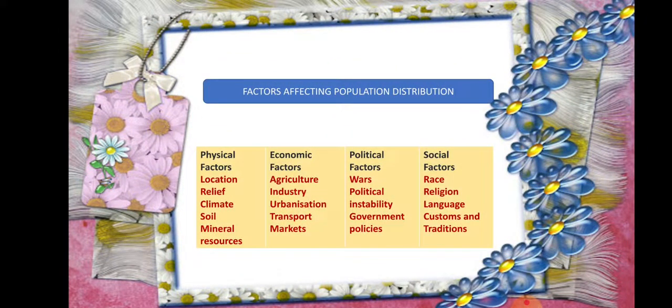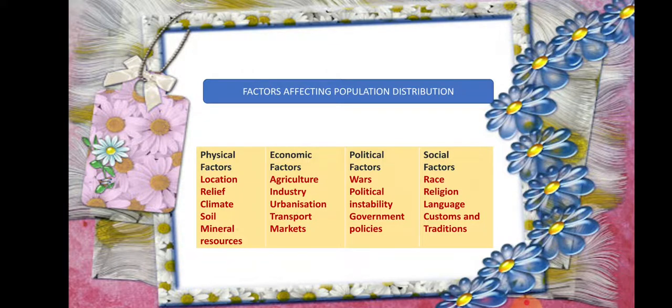Now we'll see the factors affecting population distribution, and because of this also there can be variation in density. Factors affecting population distribution means people observe all these factors and then settle down in certain places. For example, if I want to settle somewhere, obviously I will see the location where it is exactly.